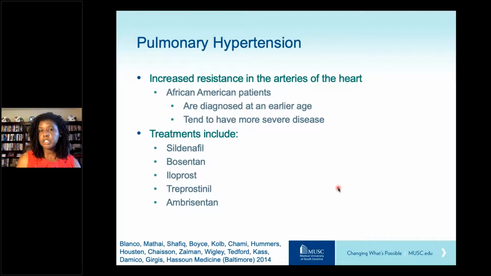African American patients are diagnosed with this complication at an earlier age, and they also tend to have more severe disease once they are diagnosed with pulmonary hypertension. Some treatments for pulmonary hypertension include sildenafil, bosentan, iloprost, treprostinil, and ambrisentan.